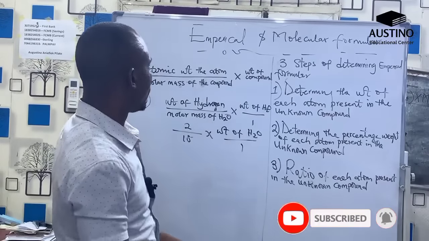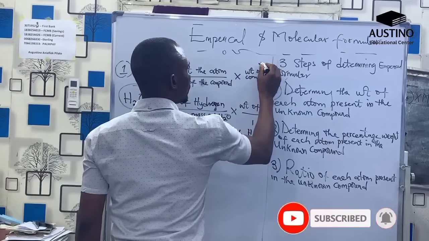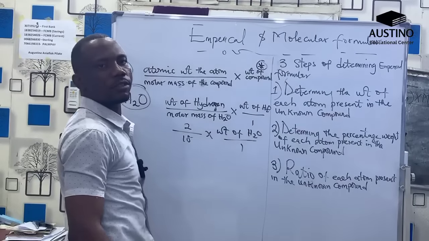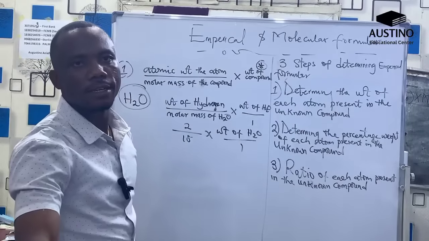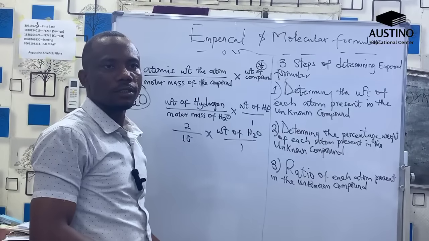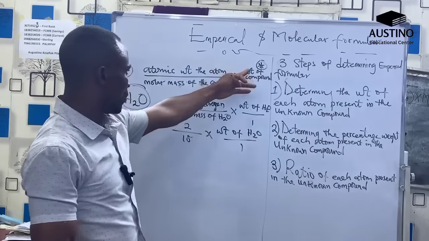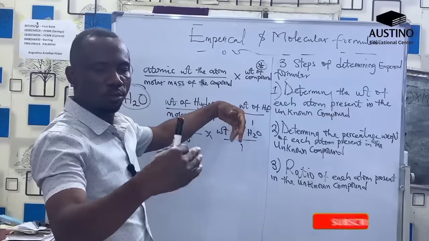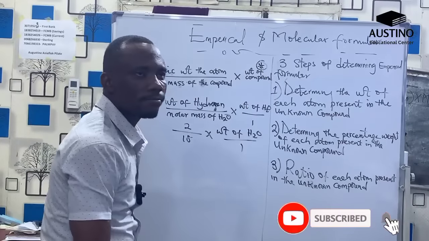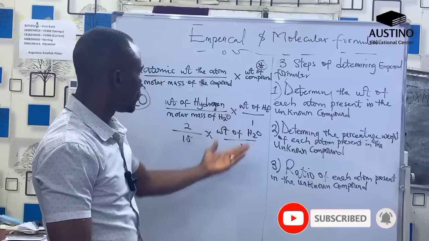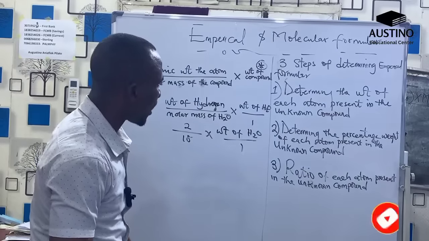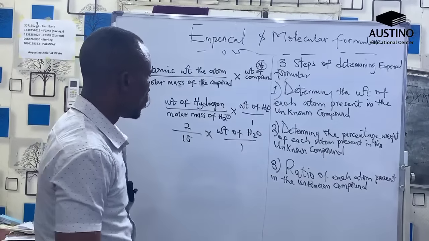And I have always emphasized that these are always gotten from the experiments. And so when you get this, of course, it will be given to you in the question, and then you do that, you have gotten the weight of the atom. So step number 1, we are done with that.